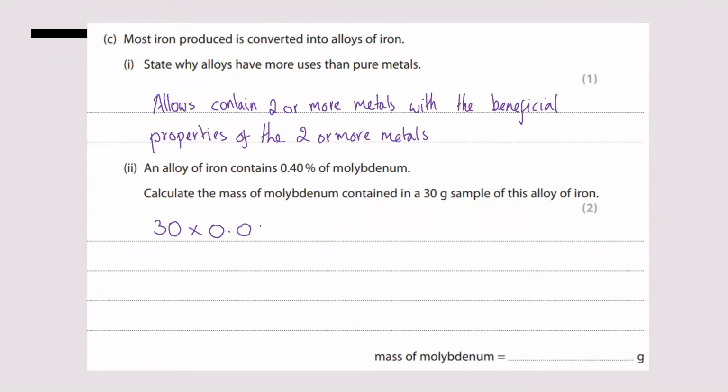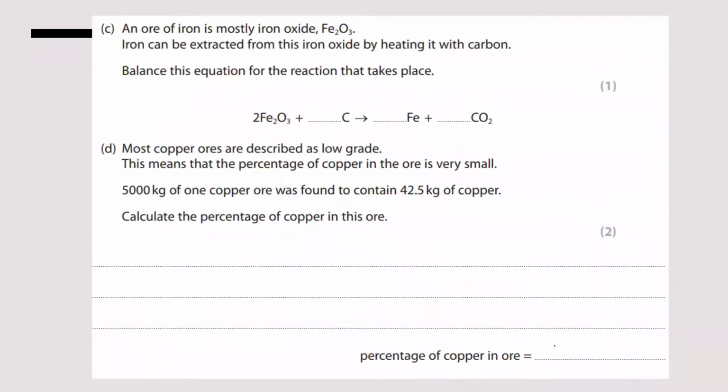So to get 0.4%, you go 0.004. We just need to do that on our calculator. So 30 times 0.004, and we put equals 0.12. It's going to be a small number, isn't it, because it's a small sample. 0.12. So it's just a maths question there.